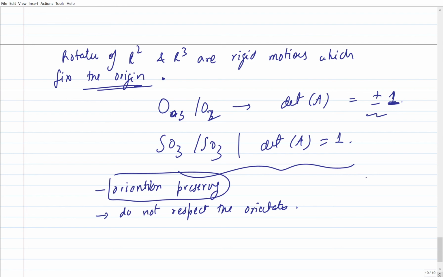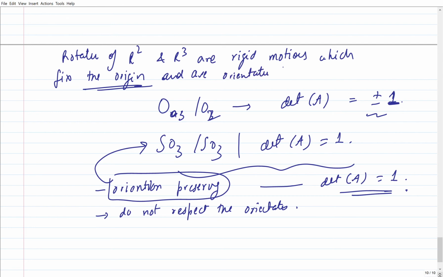So the orientation of 2 points or any set of points essentially remains the same, and they are described by matrices with determinant 1. That's why we are interested in the group SO3. So I can add that the rotations of R2 and R3 are rigid motions which are orientation preserving.